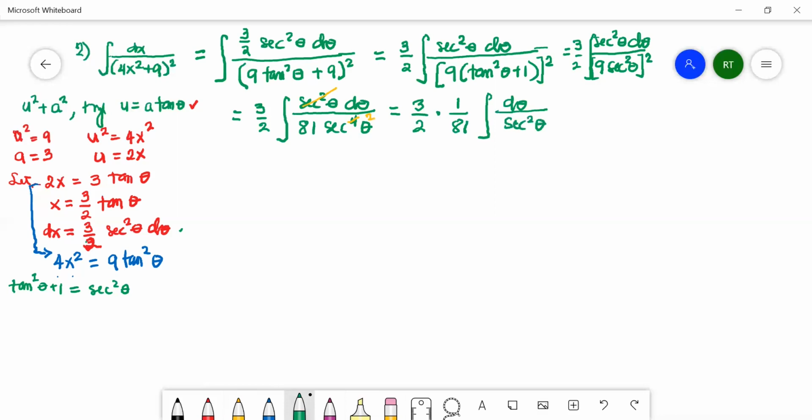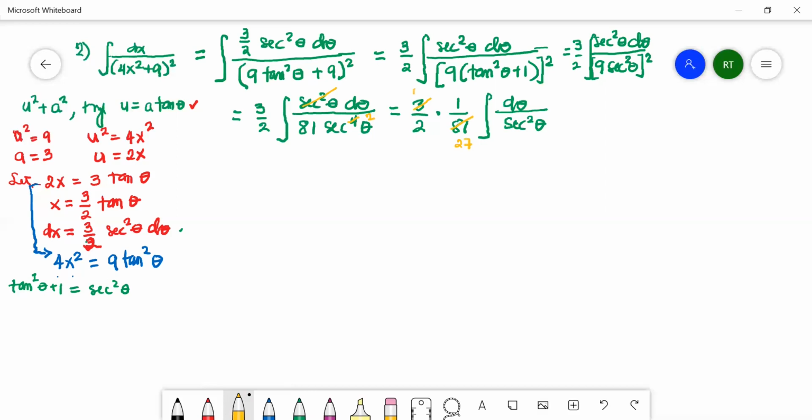Look here. We have 3 over 2 times 1 over 81. We can do cancellation: 3 by 3 will give us 1, and 81 by 3 will give us 27. Look closely at the integrand. We have d theta over secant square of theta.